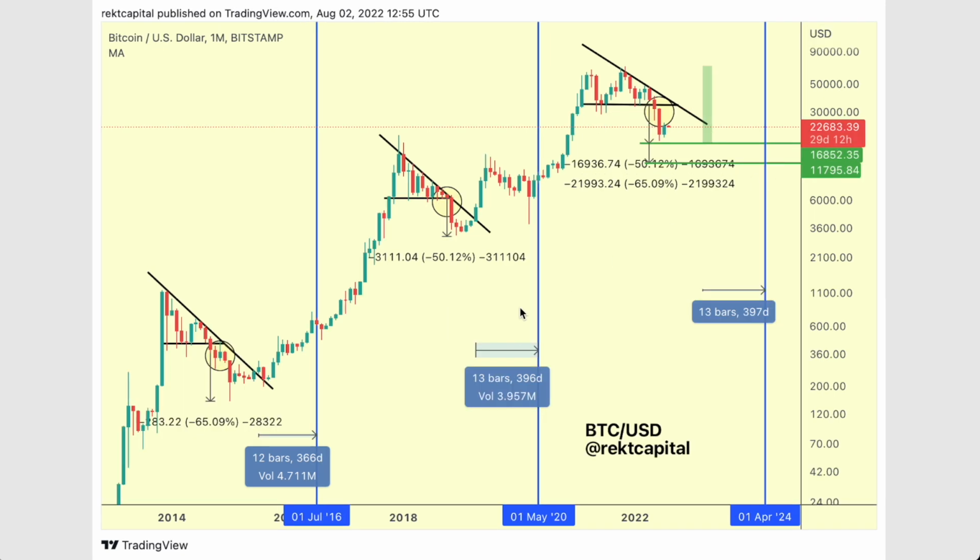So retracement depth is very important to these Bitcoin macro triangles. But the other thing that's really important is the amount of time before the halving. 365 days, roughly a year, 396 days, just over a year.